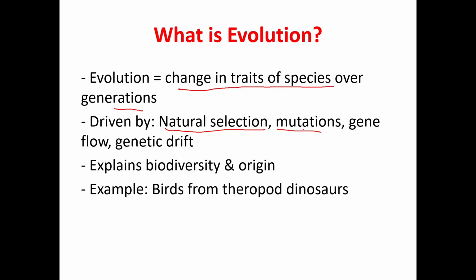Mutation is a random change in DNA, and gene flow and genetic drift also explain biodiversity and origin. So evolution explains how the different varieties of life on the earth originated. Example, birds from theropod dinosaurs. So we know today that dinosaurs are the ancestors of birds.